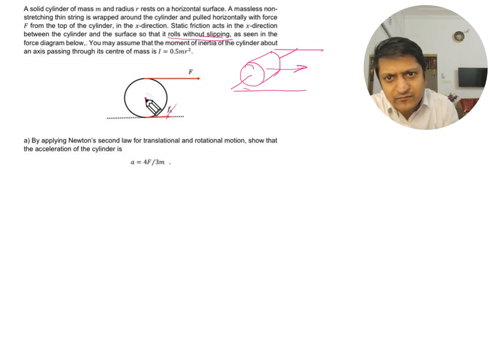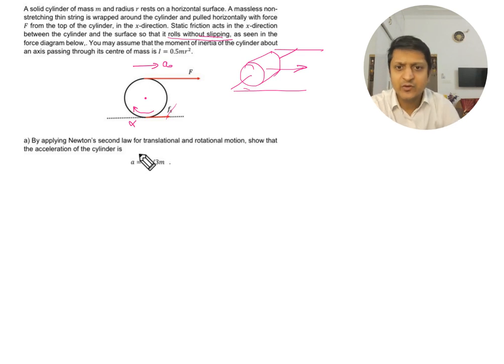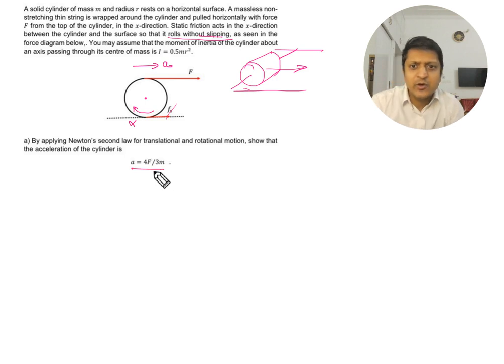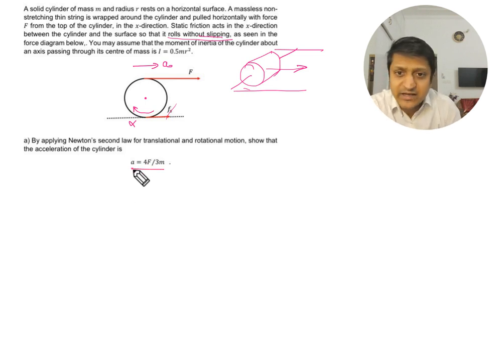So we have an acceleration here, that is a, and there must be some angular acceleration that can be called alpha. We now need, by applying Newton's second law for translational and rotational motion, to show that the acceleration of the cylinder is this. So we have to prove that the acceleration is 4F by 3m.